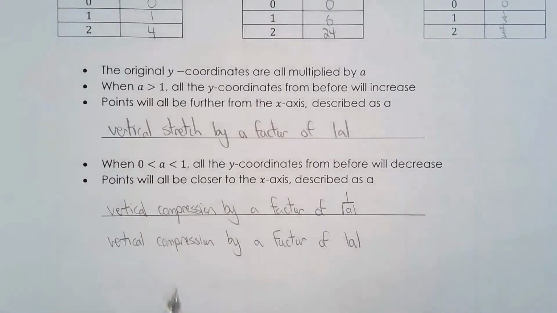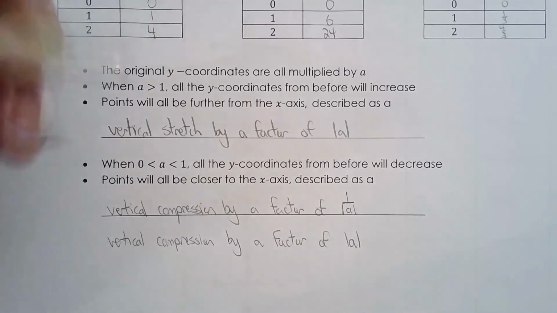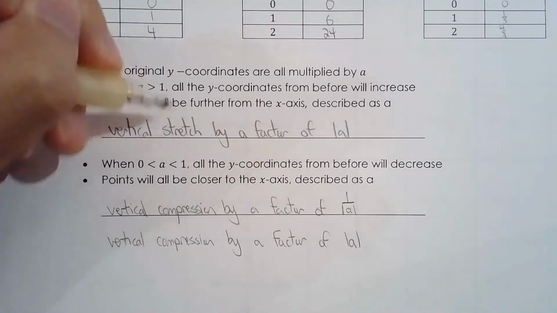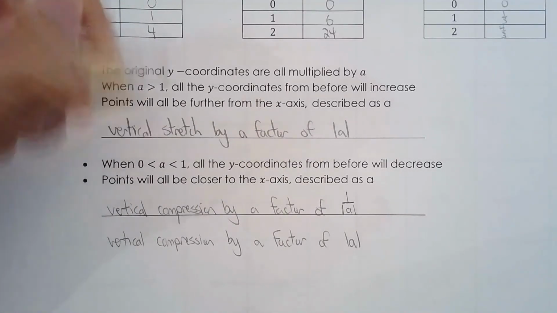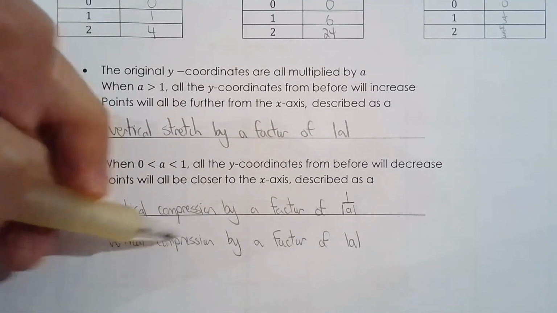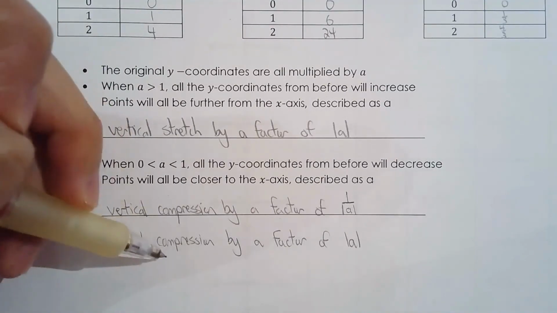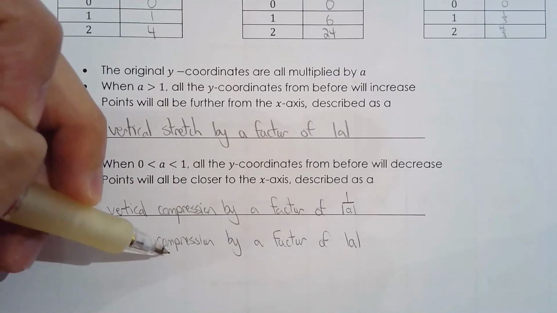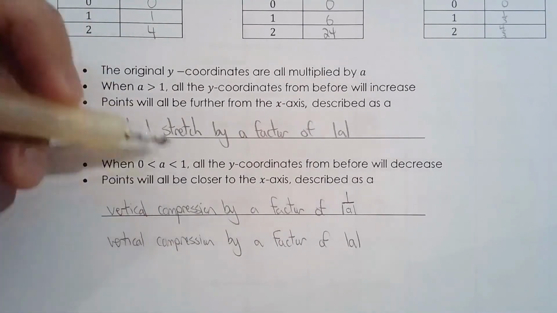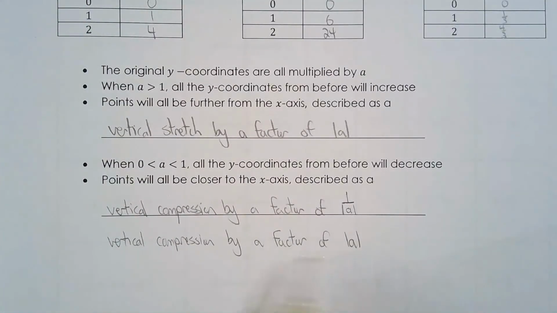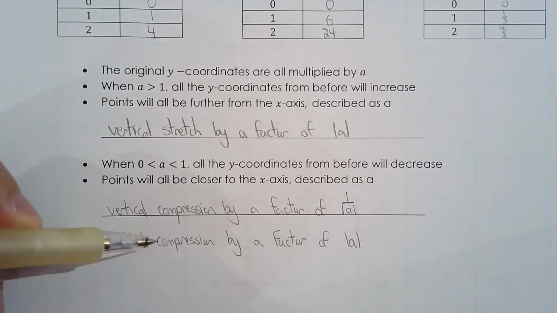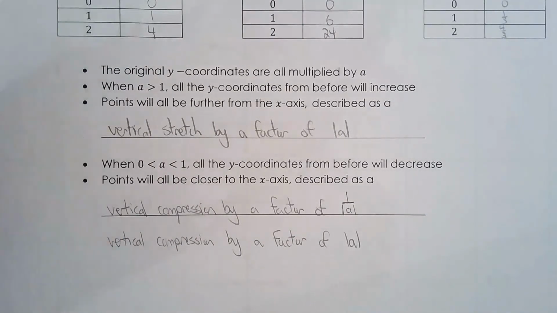But it's not the same idea. Stretch means the vertical distance is enlarging, and compression means the vertical distance is decreasing, by some factor. I find it very weird that the textbook would write this. It would basically say, one more time, stretch and compression mean the same thing.